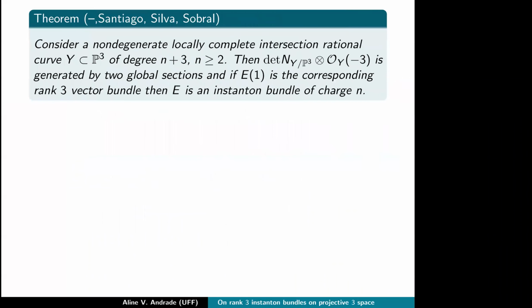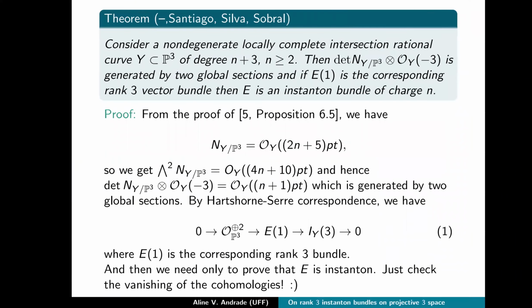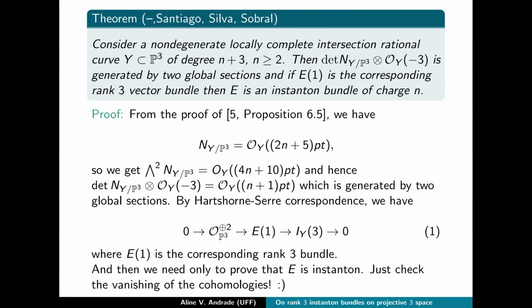The next one, where you write N_{Y/P3}, which is rank 2, equal to O_Y, a multiple of a point, which is rank 1. So maybe there is a wedge missing on the left.